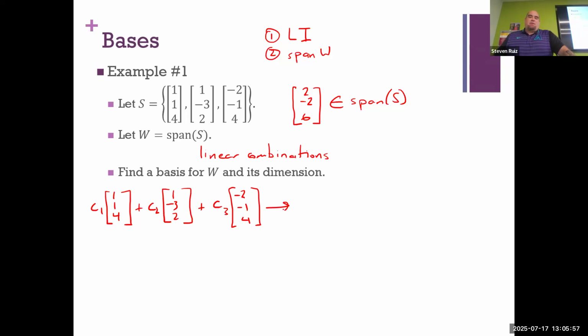So what I'm going to do here is rewrite this as the matrix with rows 1, 1, negative 2; 1, negative 3, negative 1; 4, 2, 4; times C1, C2, C3. And I don't care what that equals. I just want it to equal something.